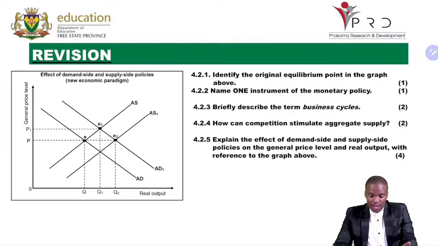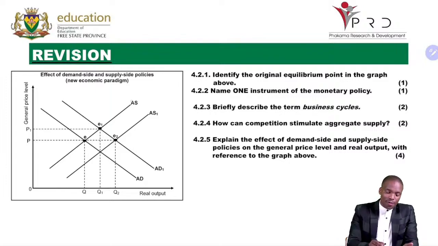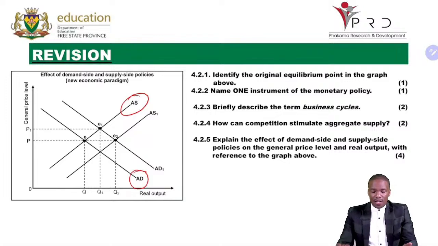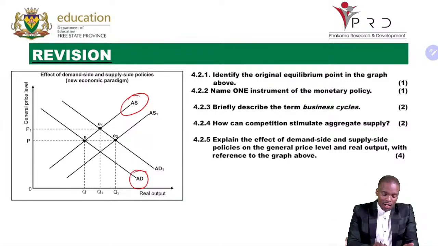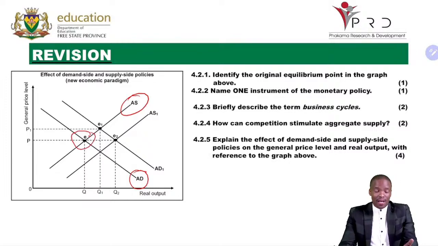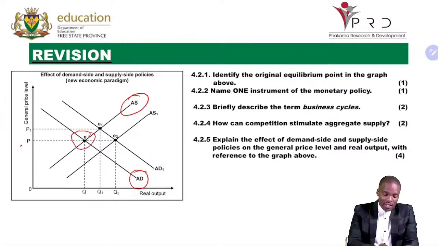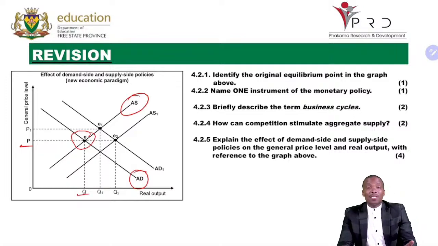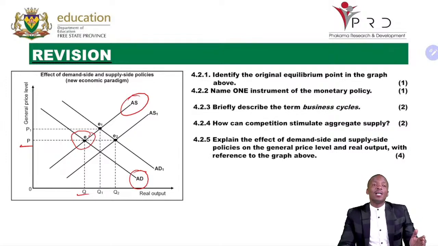So another question here is the issue of aggregate supply and aggregate demand, of which we remember that the economy is at equilibrium where AD and AS intersect, and the price that is charged there is P, quantity demanded is Q. But we want the economy to increase. So increase or prosperity in the economy means that people can afford to buy goods and services.